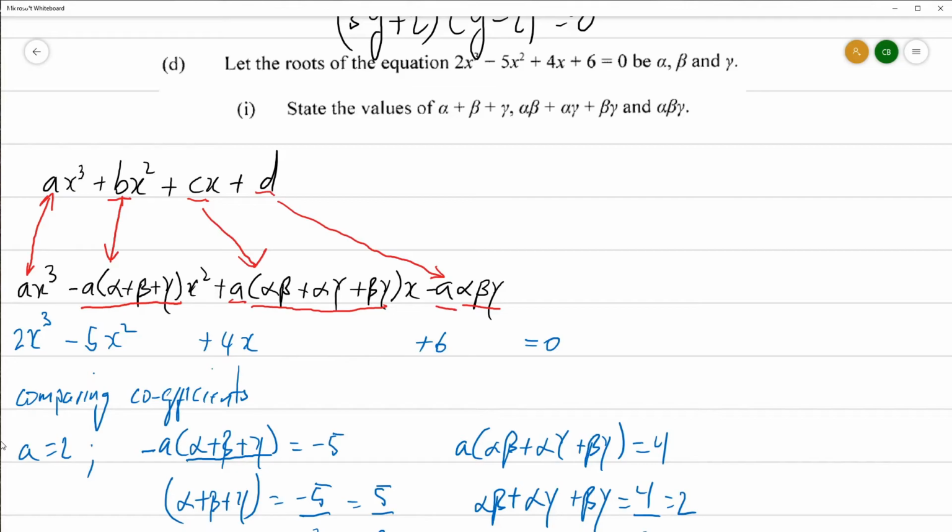Lastly, minus a times alpha beta gamma is 6, and of course they want to know the product of all three roots. So minus a alpha beta gamma is equal to positive 6. So alpha beta gamma is 6 divided by minus 2, which is minus 3. Right?